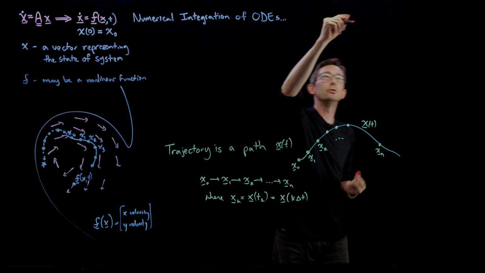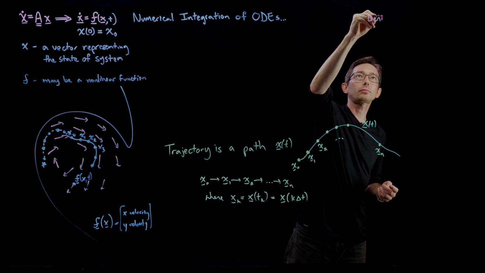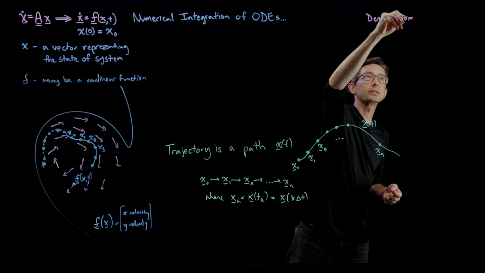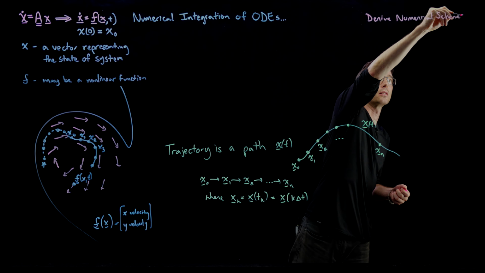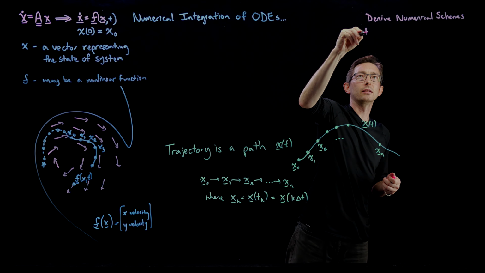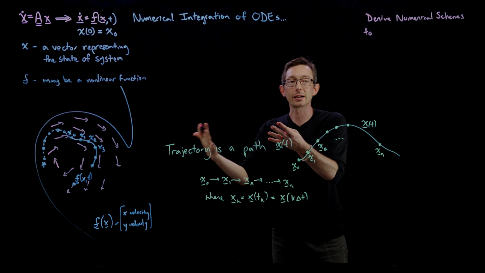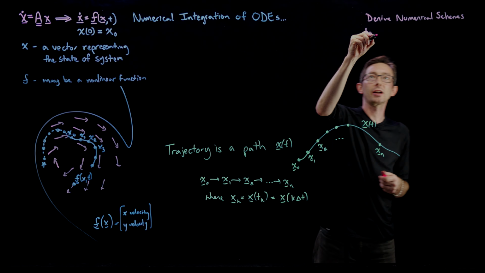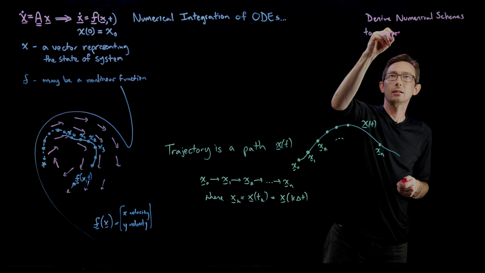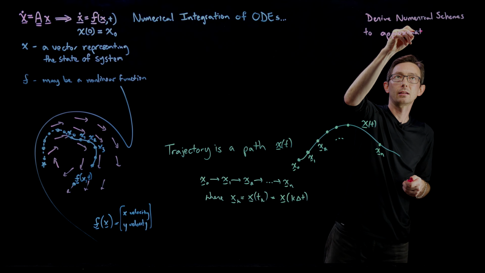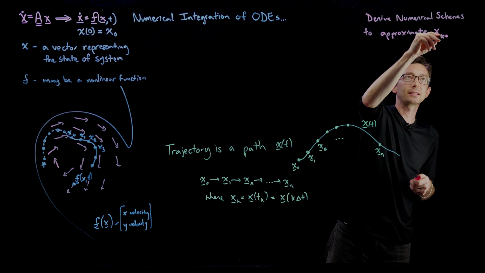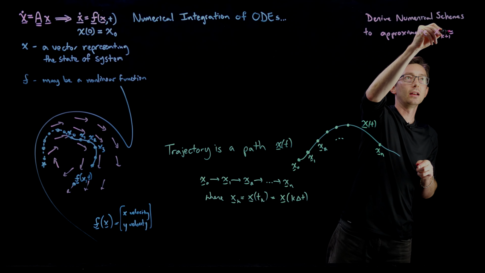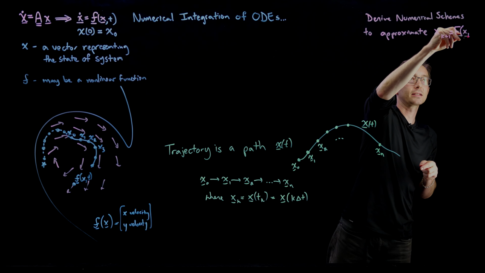So in this series, we are going to derive numerical schemes to construct these trajectories, to approximate these trajectories: x at some next time point, x_{k+1} equals some function of x_k.